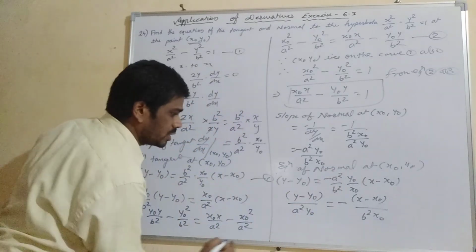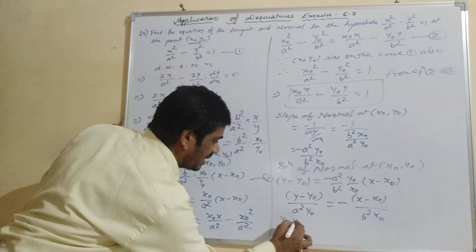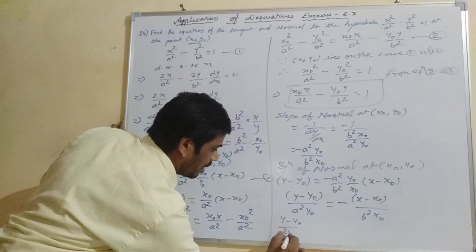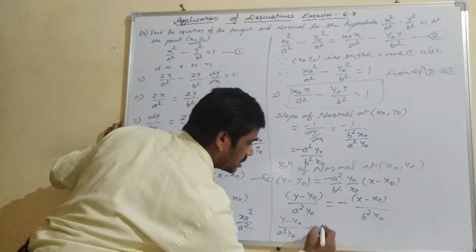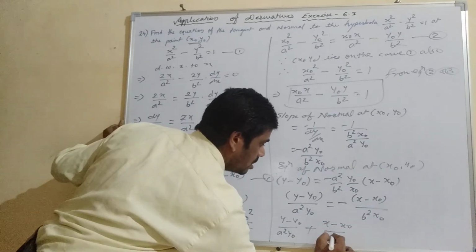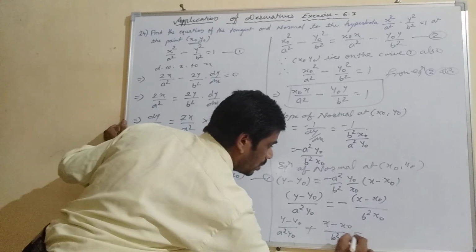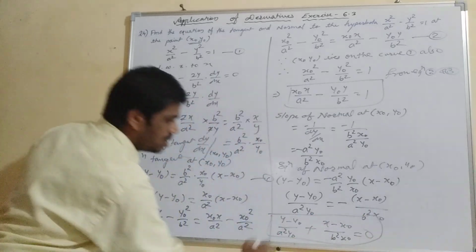Now this we will shift this side, so it will be y minus y naught upon a squared y naught plus x minus x naught upon b squared x naught equal to 0, and this will be the equation of a normal.